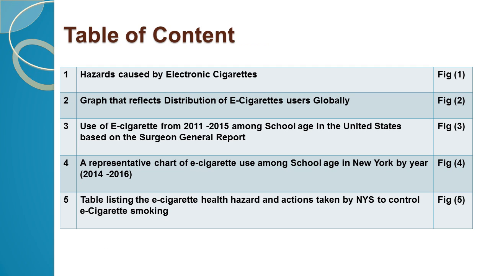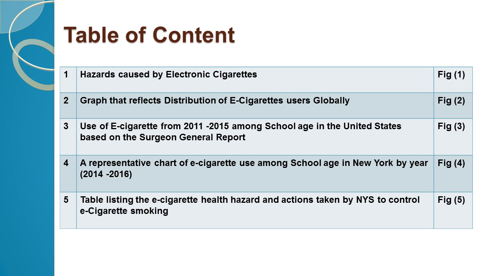Table of content. Number 1. Hazards caused by electronic cigarettes. 2. Graph that reflects distribution of e-cigarettes users globally. 3. Use of e-cigarettes from 2011 to 2015 among school age in the United States based on the Surgeon General report. 4.